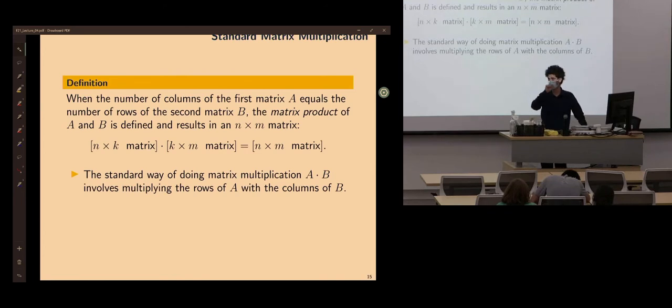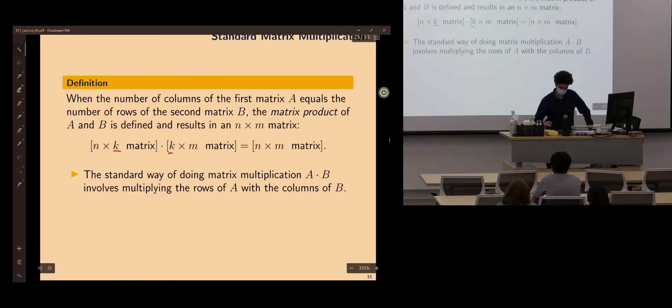Because the columns of A tell us how many entries we have in each row. A must have the same number of columns as rows of B, because rows of B will tell us how many entries we have in each column of B. So it follows directly from the previous definition that they must have the same number of columns and rows, respectively. Okay? We're not making up a new thing. It is consistent with the previous definition.